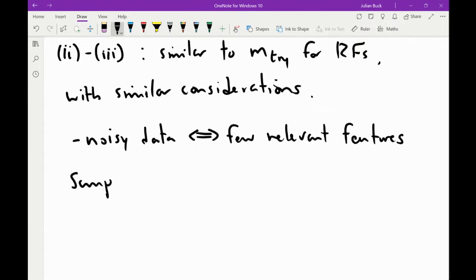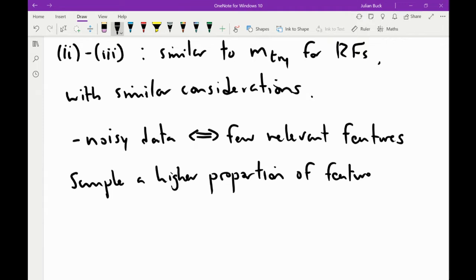Sample a higher proportion of features for more likelihood of selecting relevant ones.